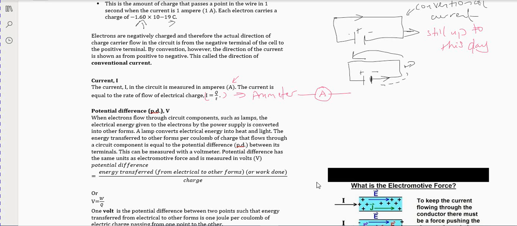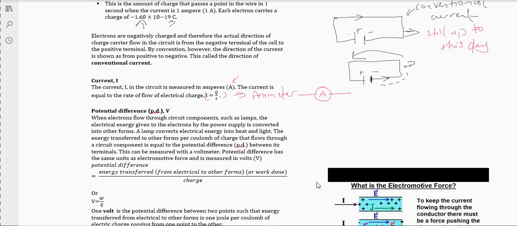The energy transferred to other forms per coulomb of charge that flows through a circuit component is equal to the potential difference. So the energy which comes from the power supply that is transferred to other forms per coulomb of charge is what we call the potential difference.